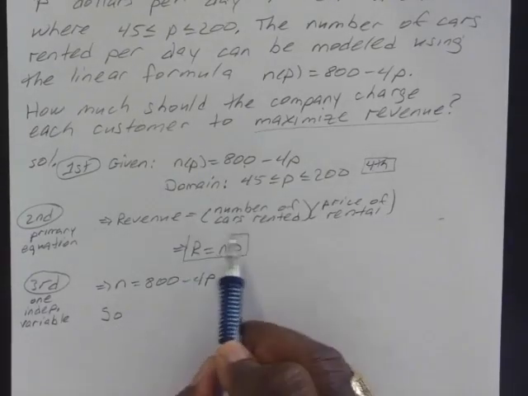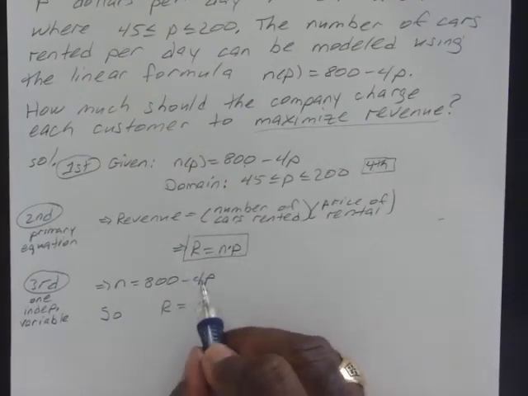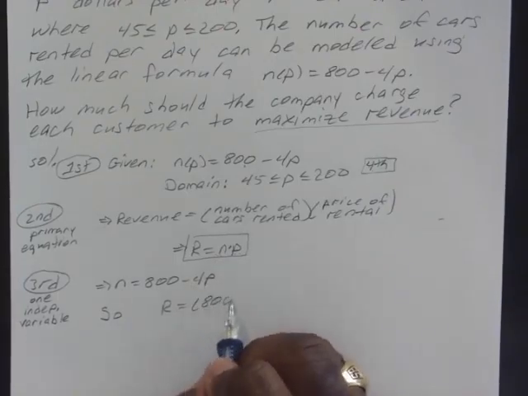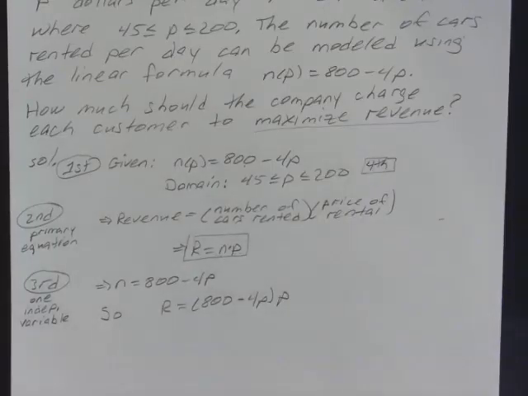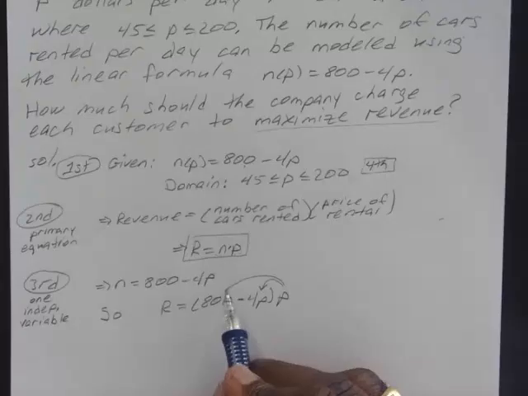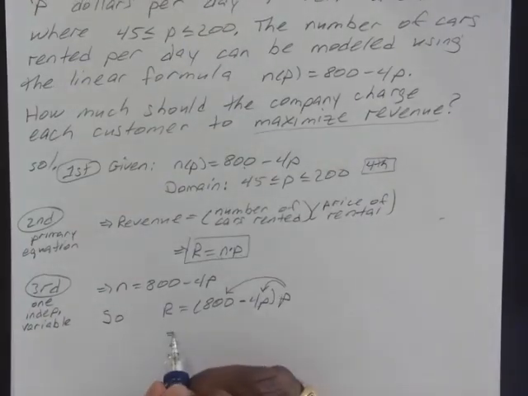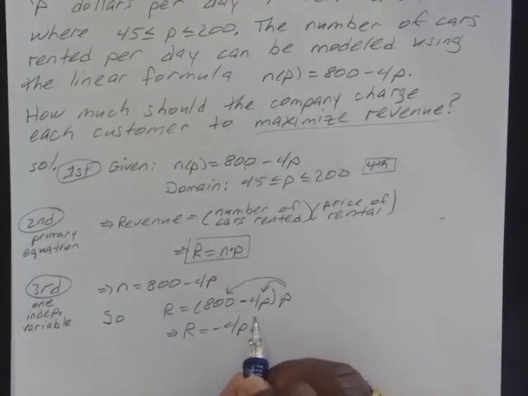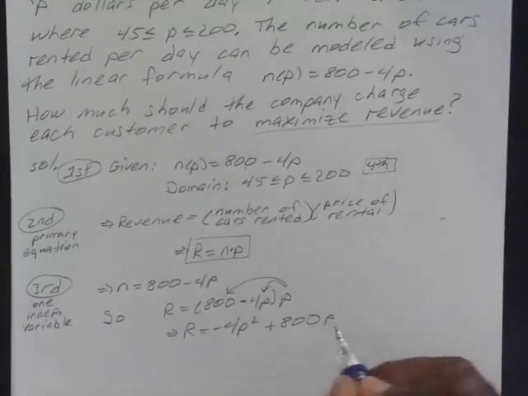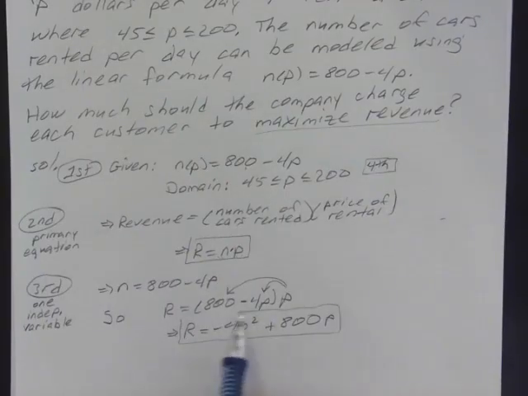So instead of R is equal to N times P, we have R is equal to 800 minus 4P times P. So if we distribute that P, we know that our revenue is 800P minus 4P squared, or we could say the revenue is equal to negative 4P squared plus 800P.